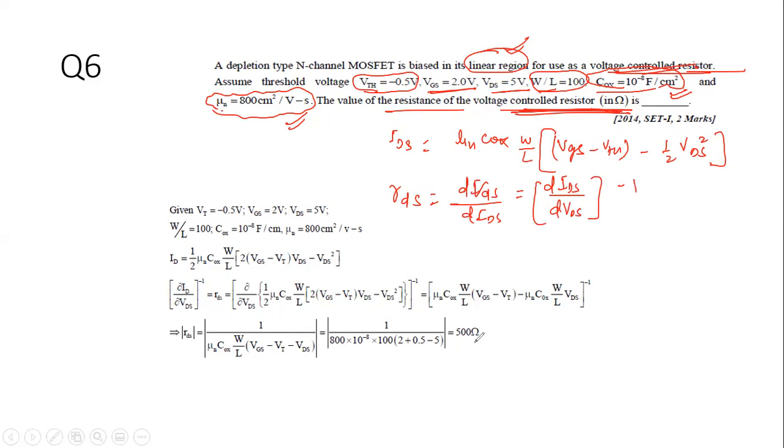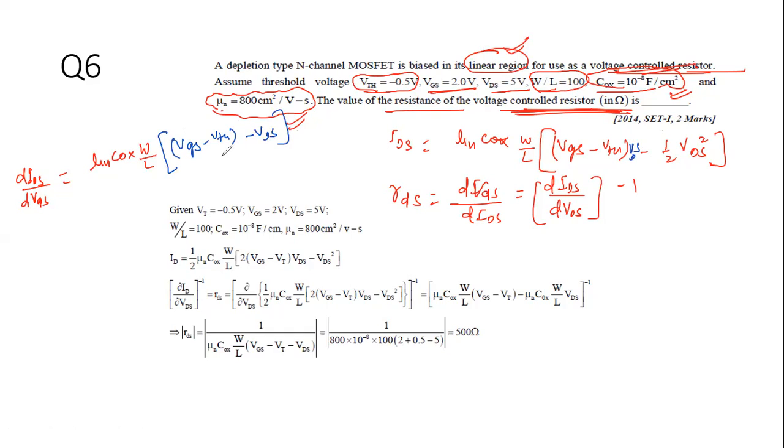This is called the resistance value. So just differentiate. When you differentiate, dIDS upon dVDS becomes mu n C oxide W by L into VGS minus VTH minus VDS.